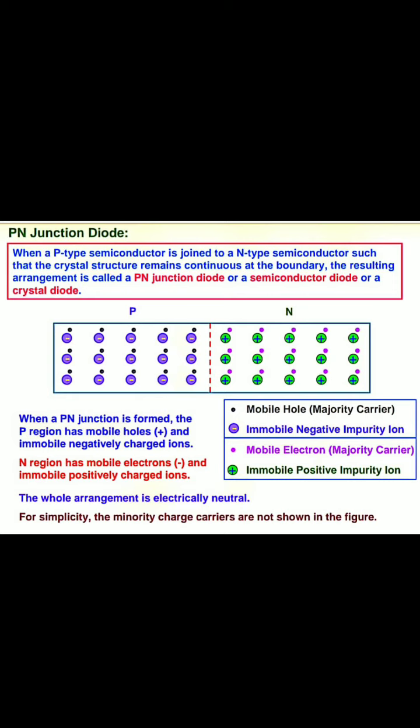Once the depletion layer is formed, after some time the diffusion process is stopped, and after a few seconds the drift process also stops, because both processes are equal to each other.